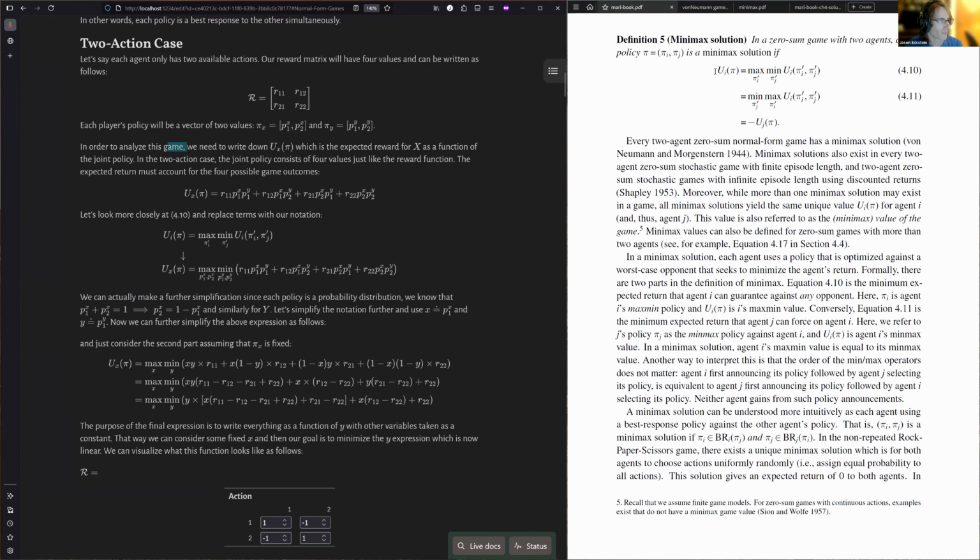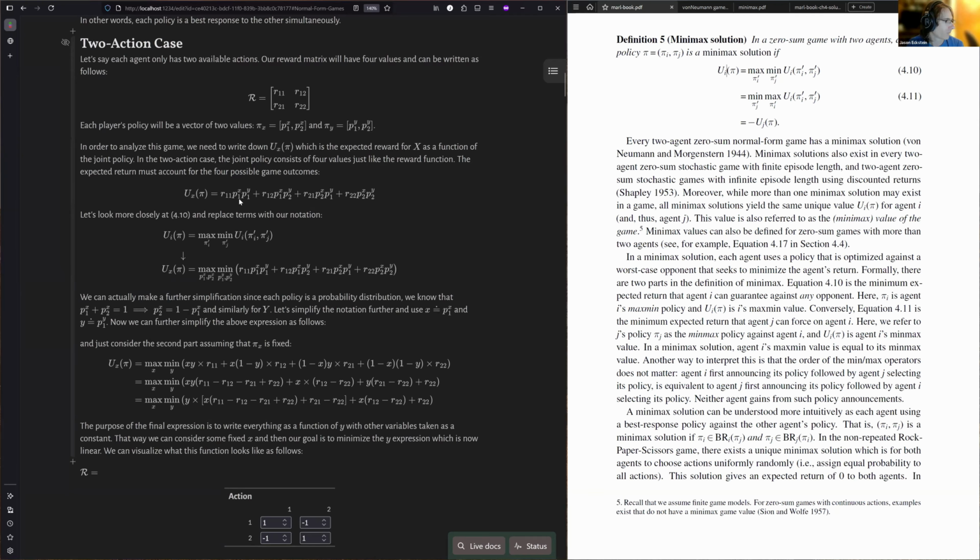Now, we had this expression here. What this means, this is the expected reward for player X, this U. So we actually have to write down what that is. And luckily, in this case, we can write down exactly what this expression is. And it is this. And there are 4 terms. Each term is the single reward that the X player will get when this happens, meaning both players take action 1.